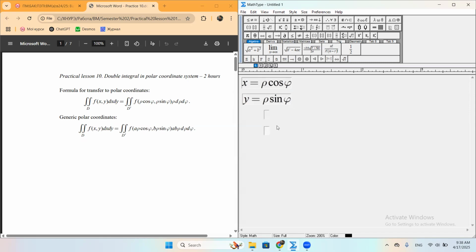So with using these formulas, we can transfer to polar coordinates.